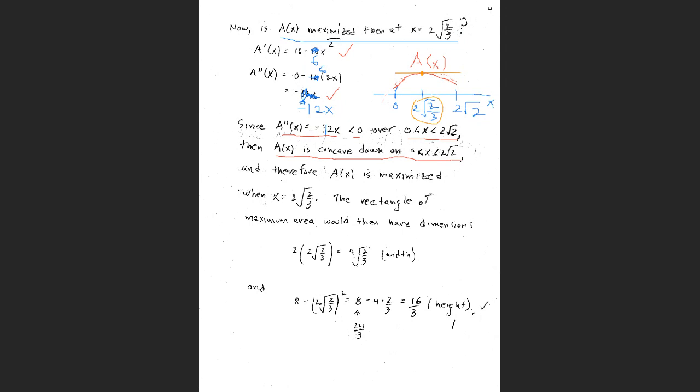The 2 times the square root of 2/3 either maximizes or minimizes the area.